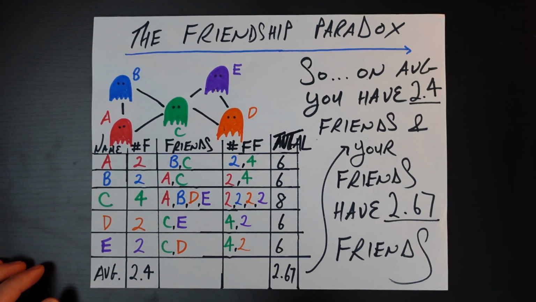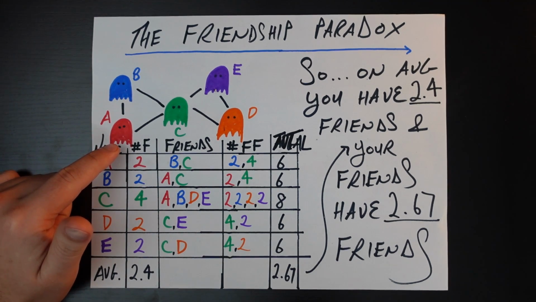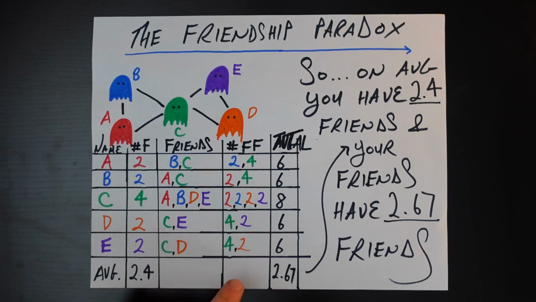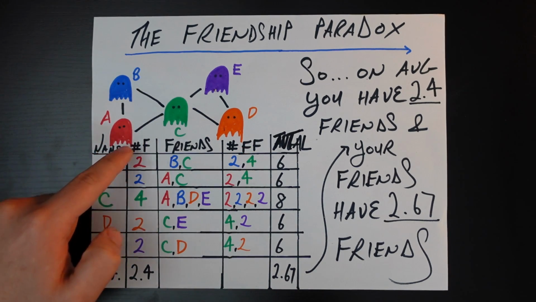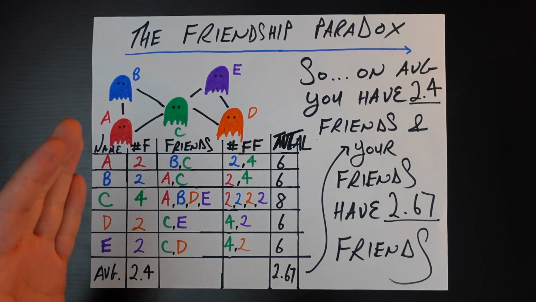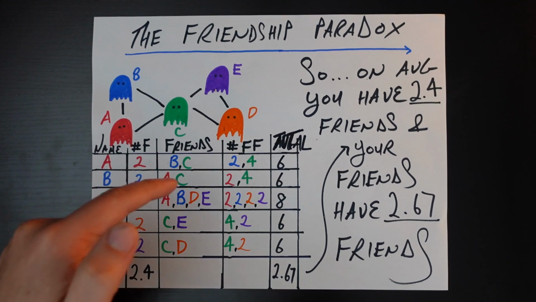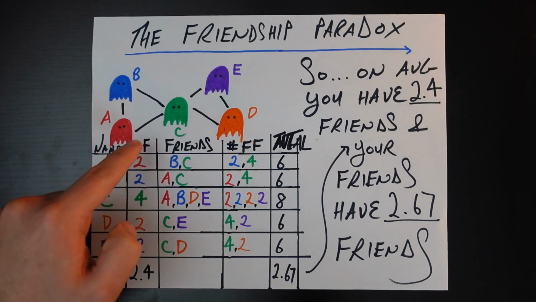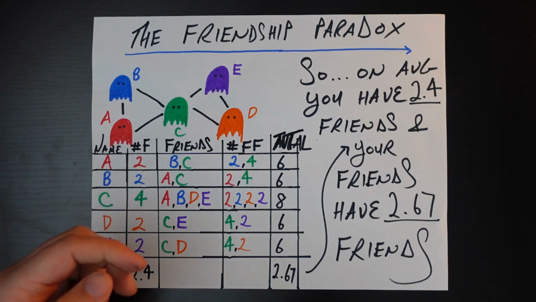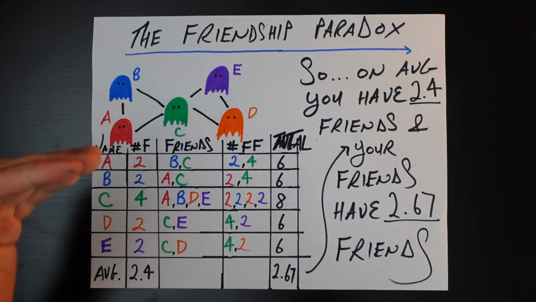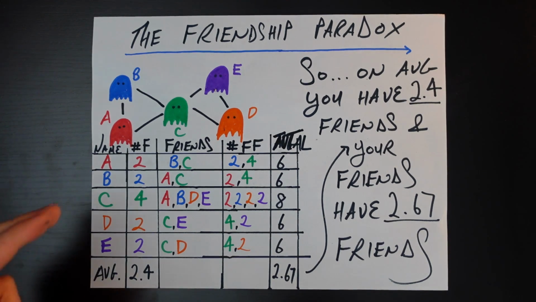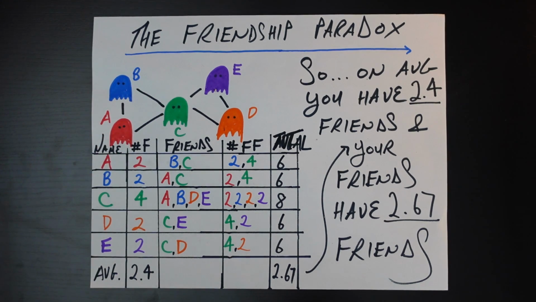And let's do it again by considering ourselves as A. If I'm A, then when I construct this friends of friends list, the first time my connection to C gets counted is when I consider, well, I'm A, one of my friends is C. That's the first time this edge between A and C gets counted. So this edge is so far counted one time when we're considering A as our current person.